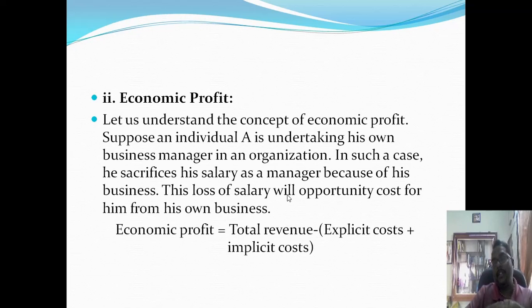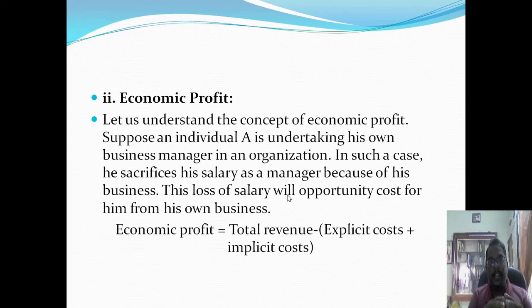Here I want to explain explicit cost. I already told you that explicit cost is the real cost which you are paying to others. And here I explained what opportunity cost is. That opportunity cost can be expressed as an implicit cost.